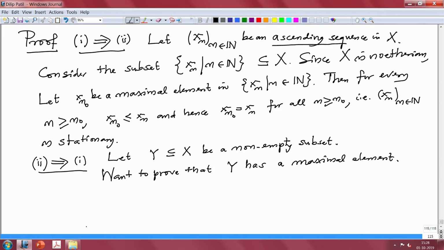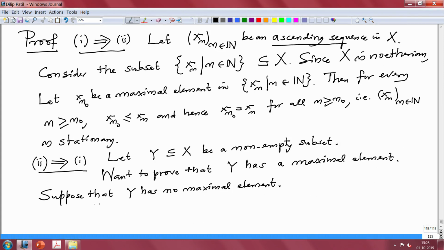Suppose on the contrary that Y has no maximal element. Then we should look for a contradiction.